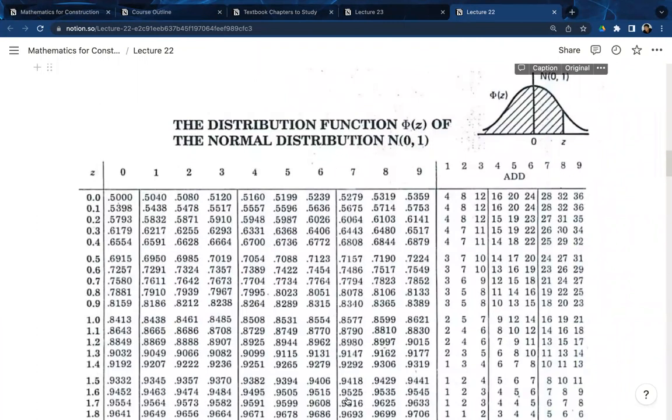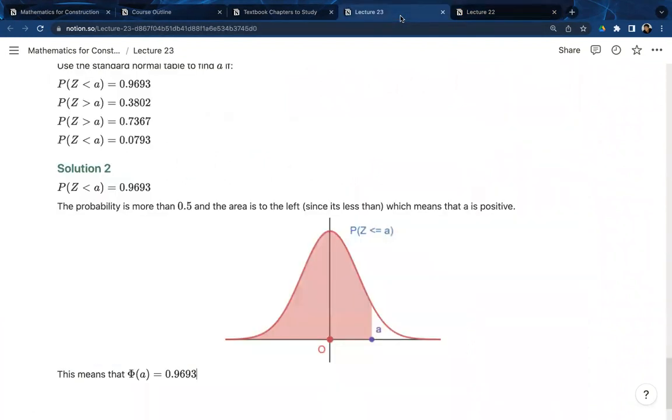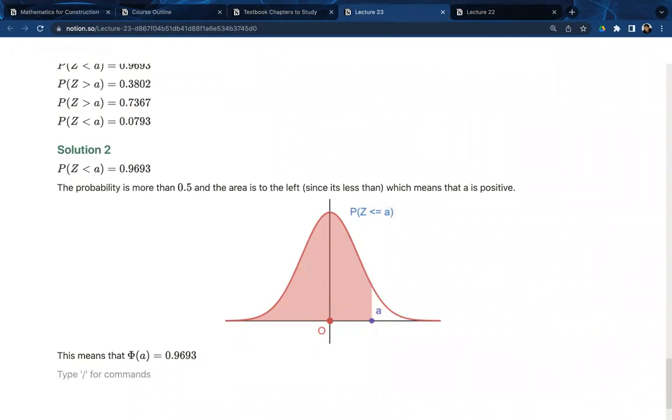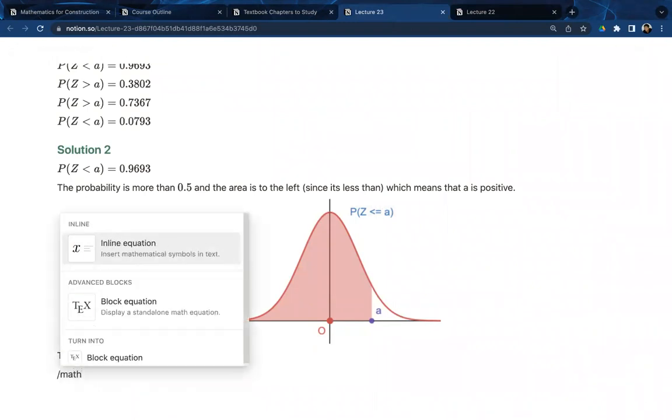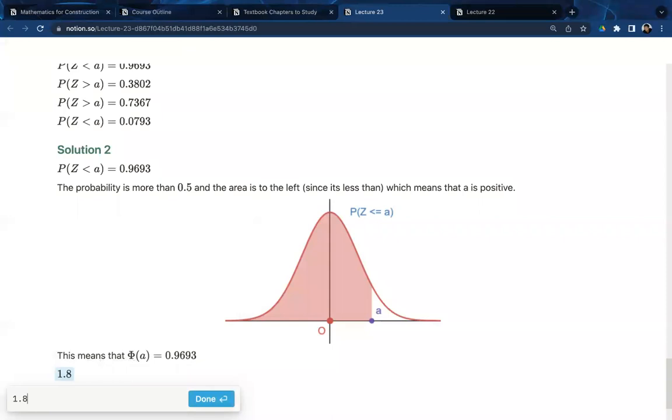So that's 1.87, 1.87, right? 1.87 from the table. A is equal to 1.87, right? That's how you do that question there.